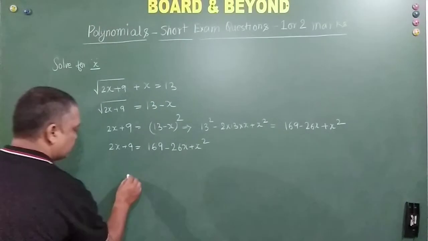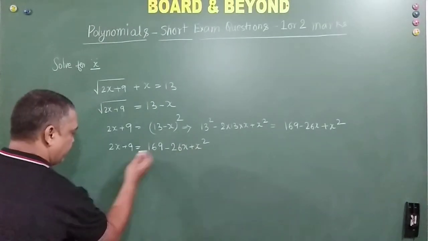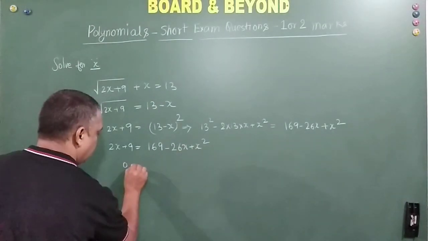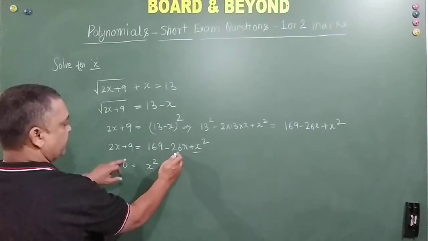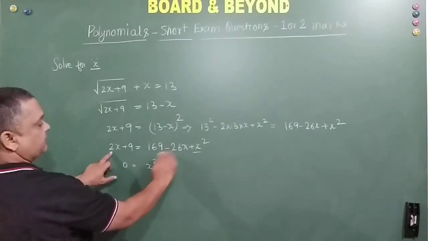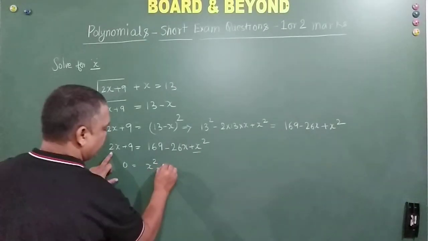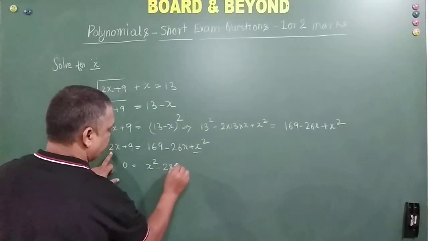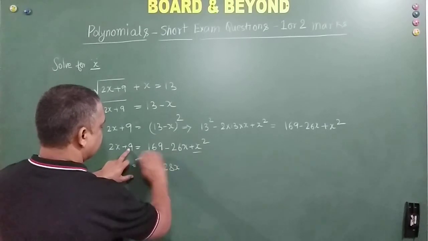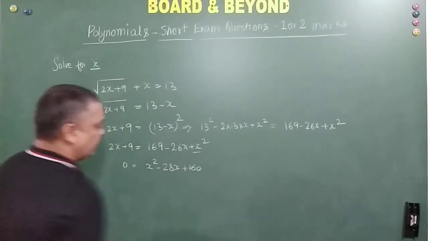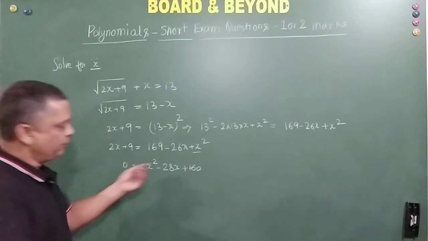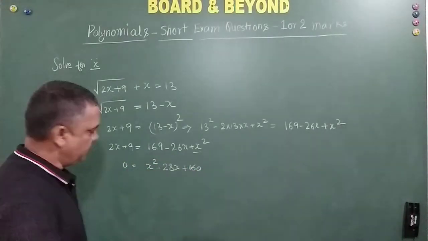So 0 is equal to, first I will write x square, then minus 26x, and this will go here and become minus 2x, which gives me minus 28x. And this is 169, and when 9 goes to this side, it becomes 160. Any problem here? Actually, I have skipped a few steps here. No problem.